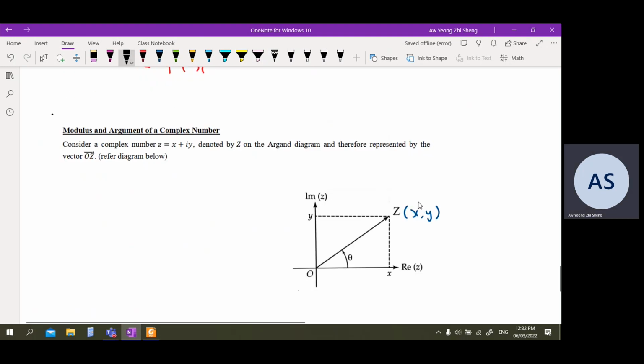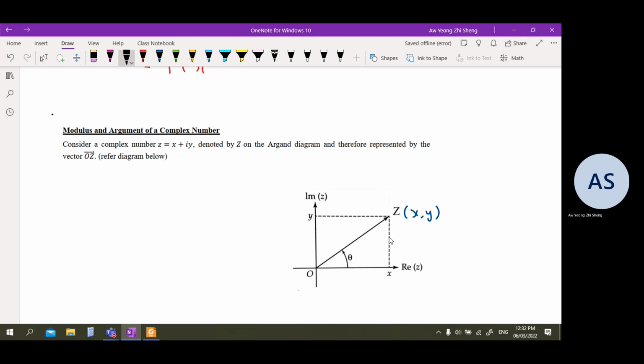First of all, just be reminded that to figure out the vector representation of a complex number, you can easily obtain that vector by starting from the origin and directing the vector towards the point representation. And so OZ will be the vector representation of the complex number x plus yi.